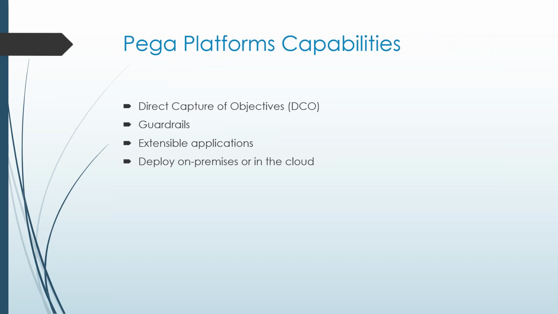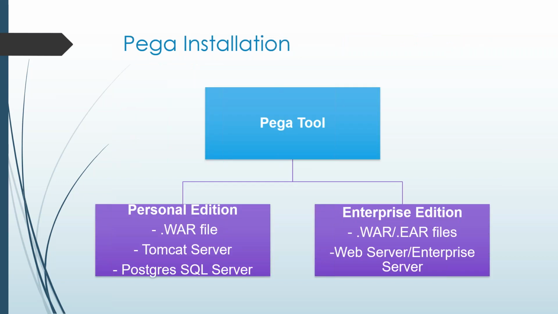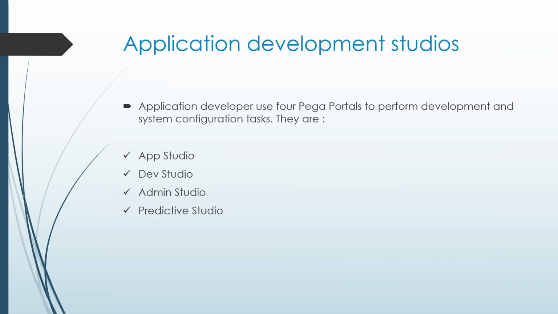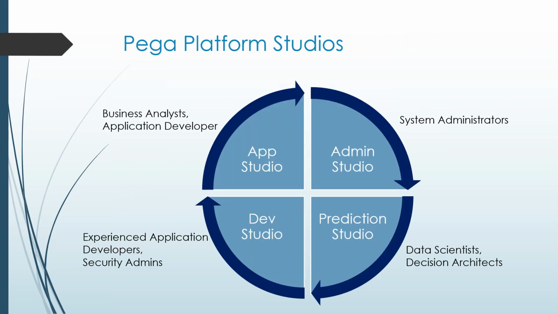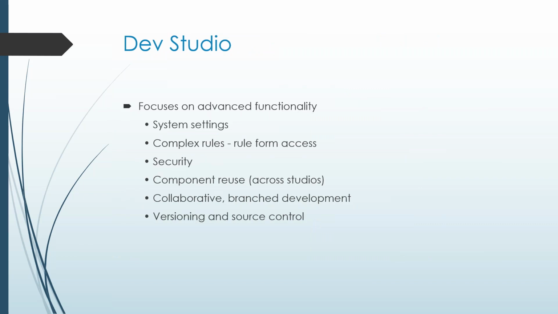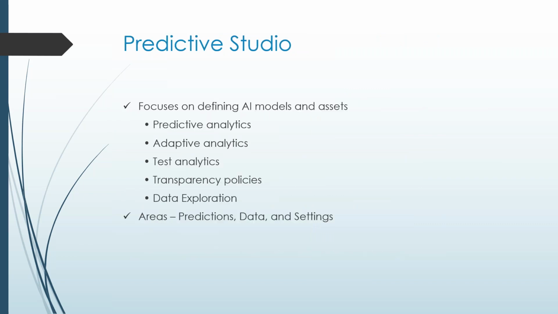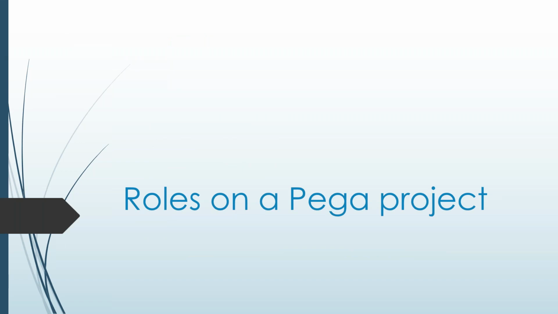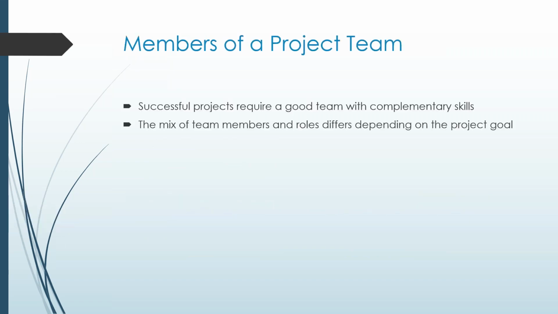Then we looked into the capabilities, and then the sorts of installations that we have, and the various studios, the application development studios: app dev, admin, and production. And finally, we have seen the roles in a Pega platform. So probably for today, we are done with the agenda.